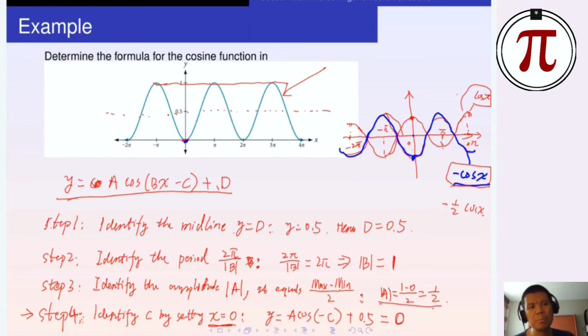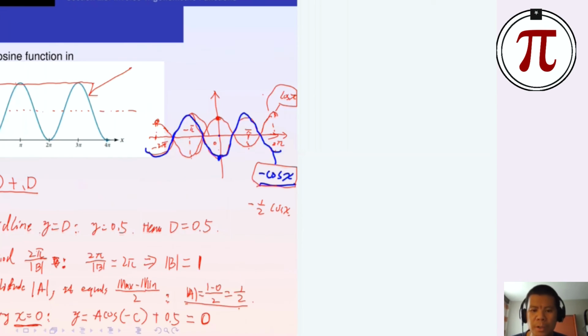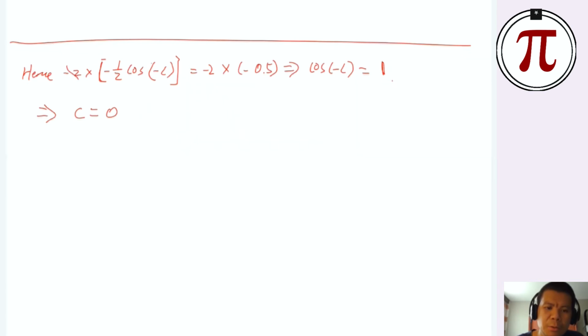At any integer multiples of 2 pi, they're also 1. Cosine of -2 pi is also 1. Cosine 2 pi is also 1. So we can see that c equals 0, plus or minus 2 pi, plus or minus 4 pi, and so on. It can be any multiple of 2 pi.